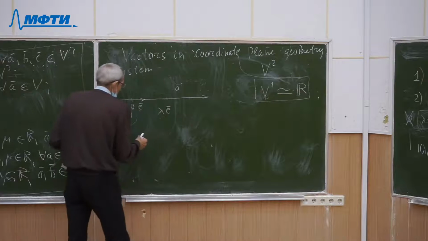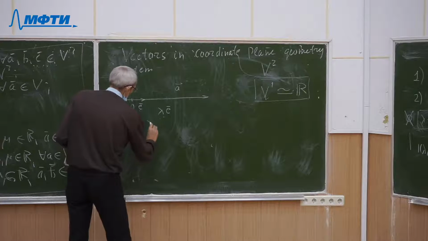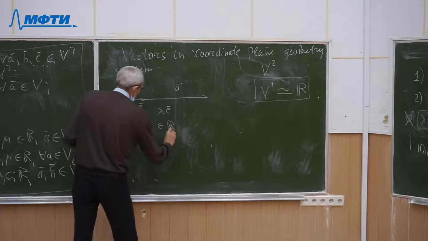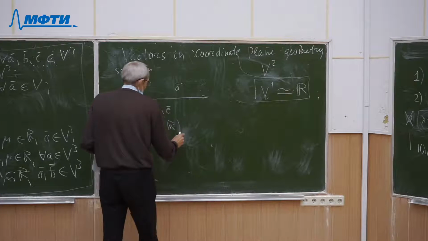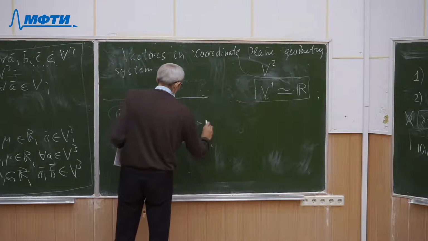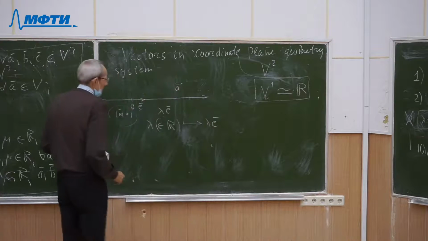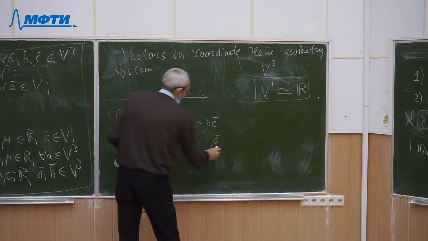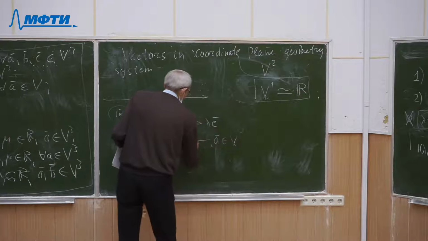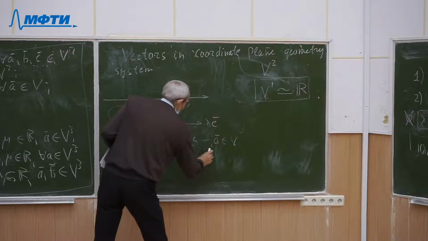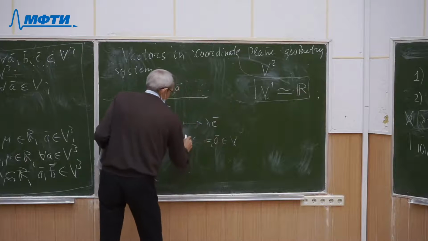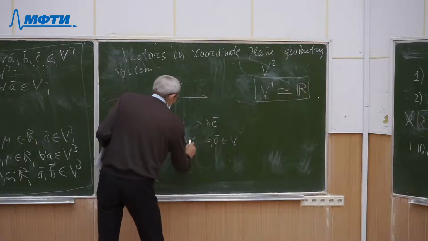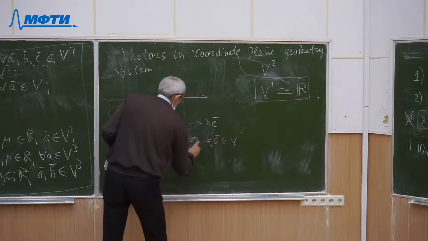And we obtain a one-to-one correspondence between real numbers lambda and vectors. If we have an arbitrary vector A parallel to this straight line, we can present it as the scalar product of some number lambda and vector E.